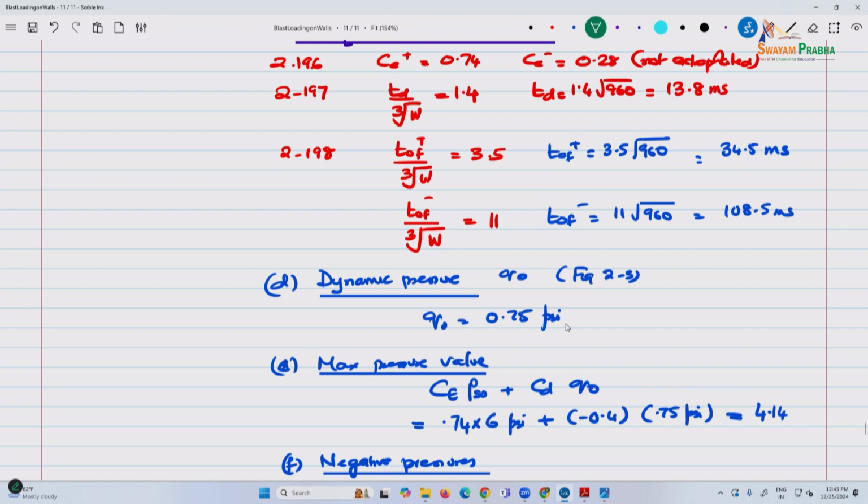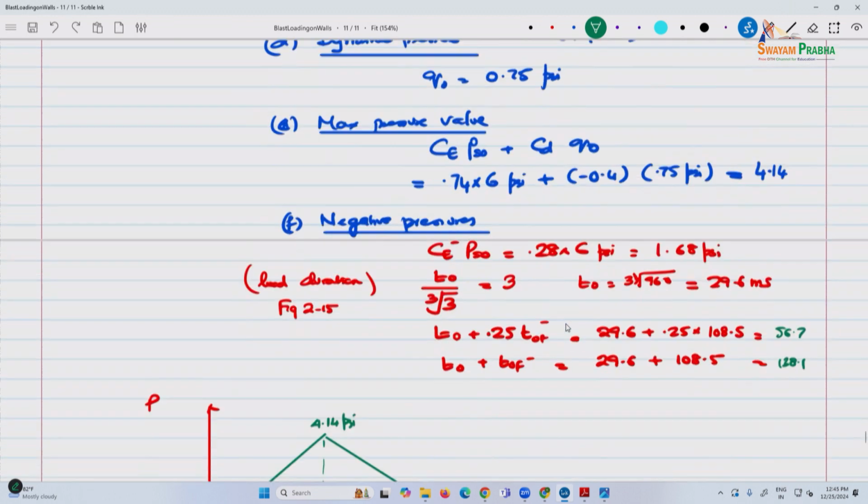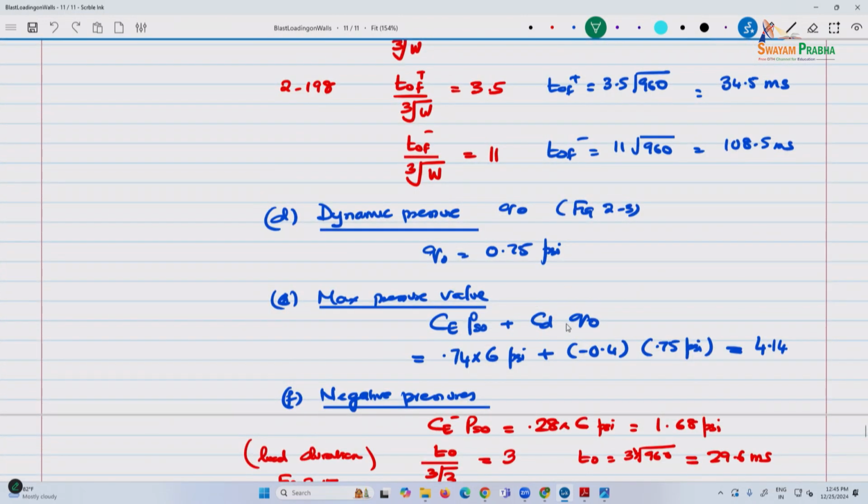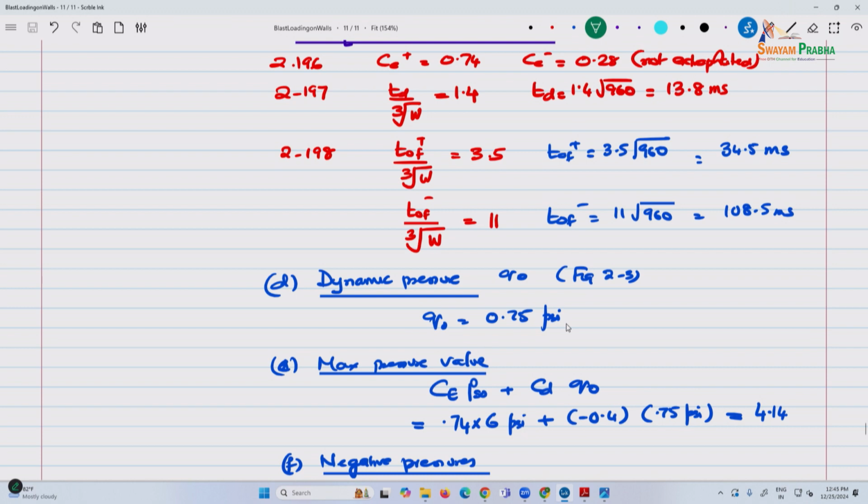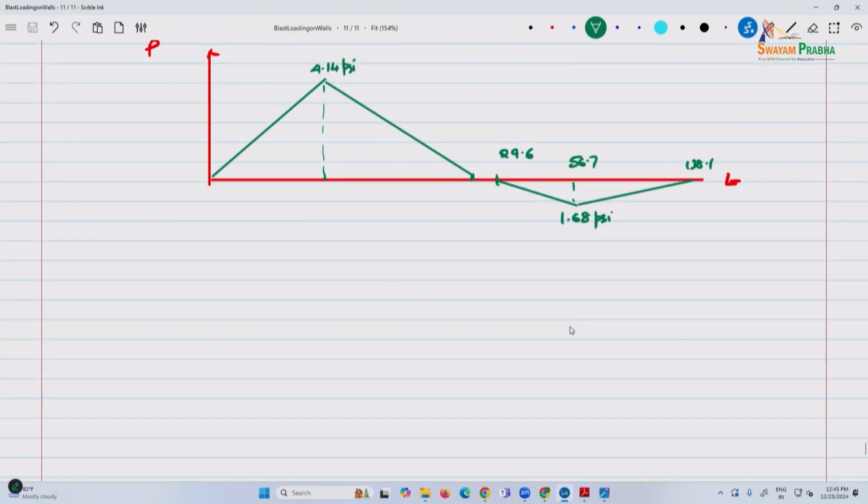13.8 and 34.5, right? No, 13.8 and 34.5. So I don't know this number, 20. So this seems to be a little off.